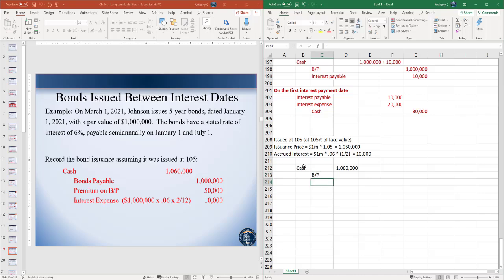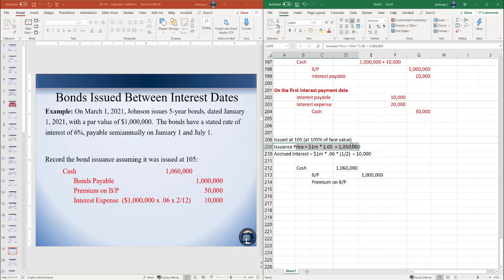Bonds payable, always record it at face value. So record it at $1 million. The other part of the $60,000 of cash, $50,000 of it reflects our premium on the bonds payable. So that's the amount of the issuance price over face value.